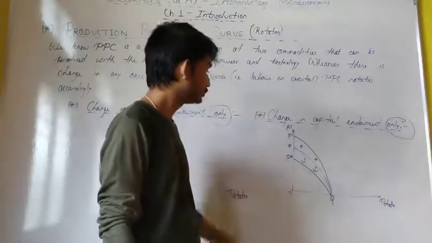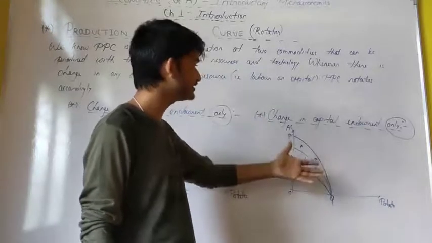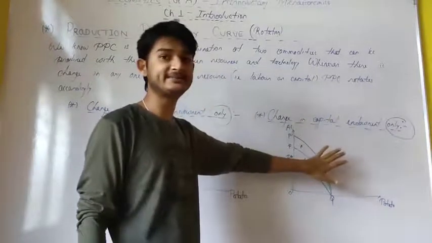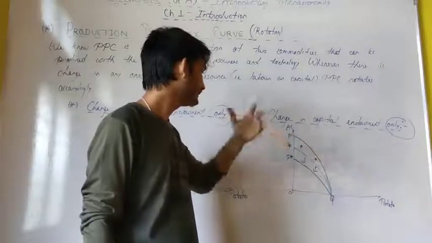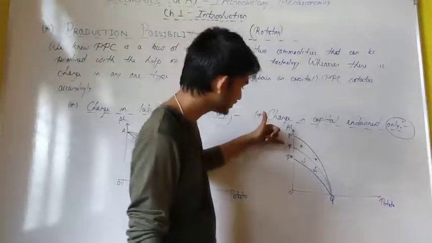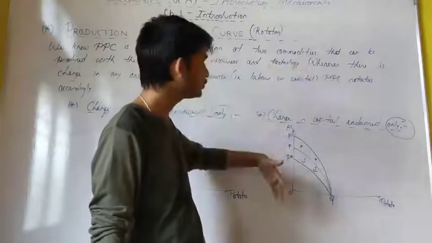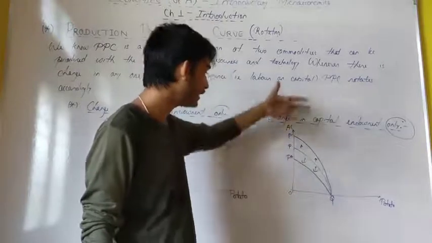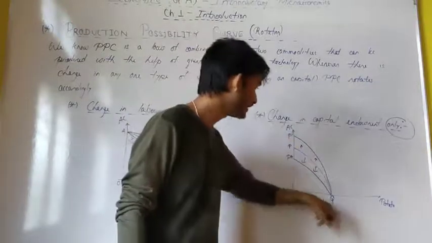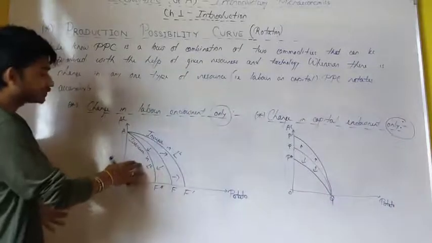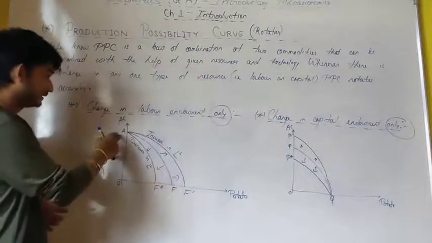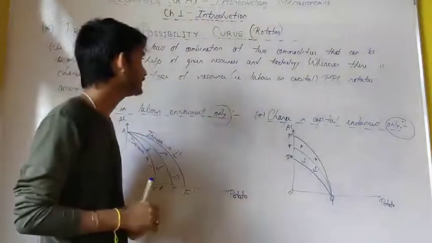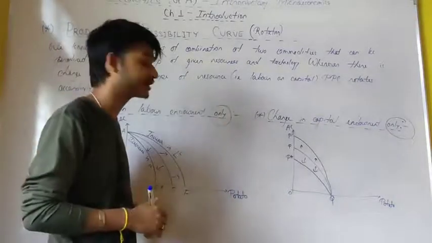So this is it. Whenever there is some negative change associated with capital endowment only, and no change associated with labor endowment, the initial PPC, which is our PQ, will rotate inwards to P star Q, and if there is some positive change, it will rotate outwards to P dash Q. So in this video we have covered the rotation of the production possibility curve.